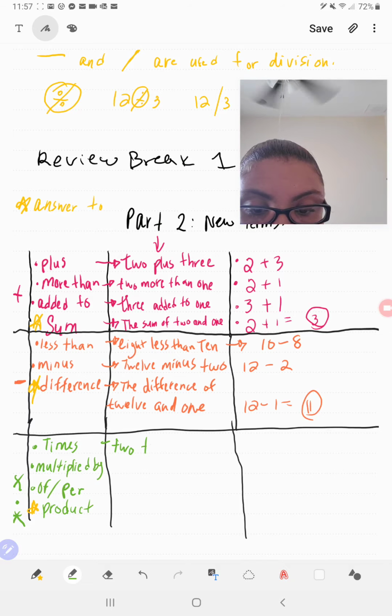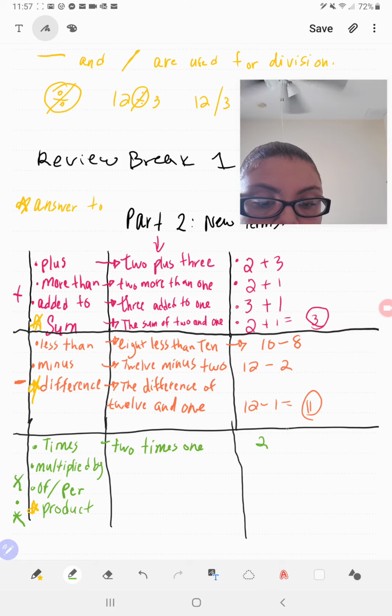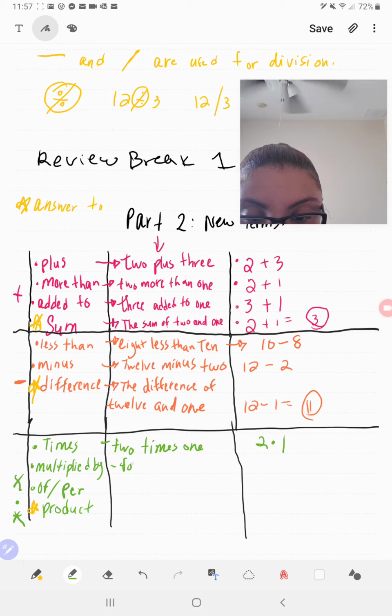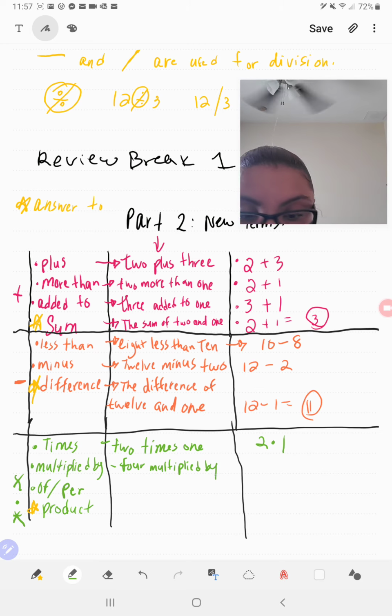Okay, so we've got 2 times 1. 4 multiplied by 2.